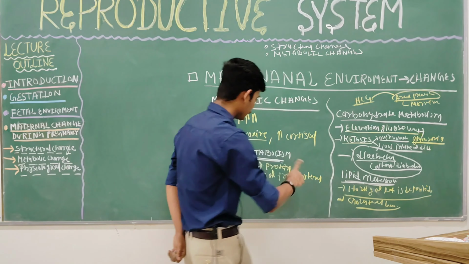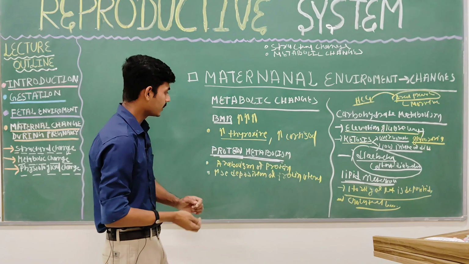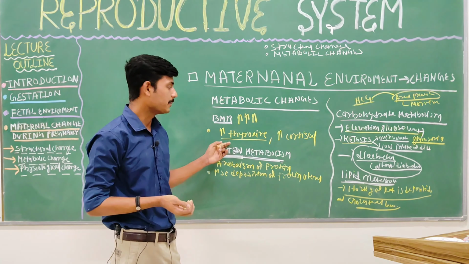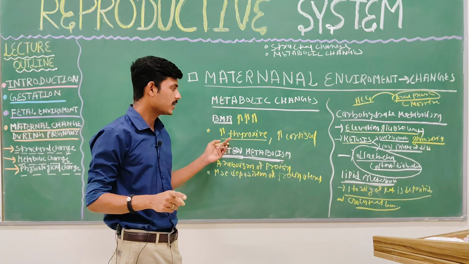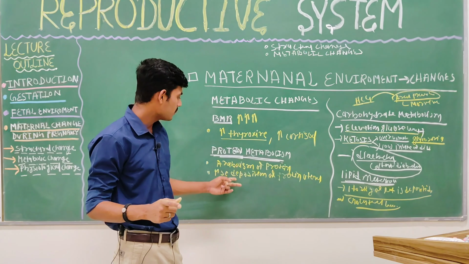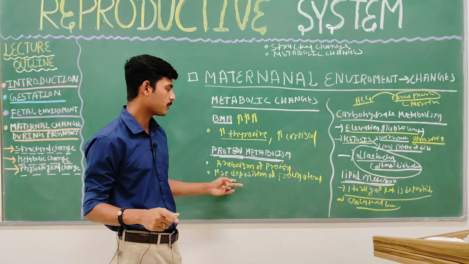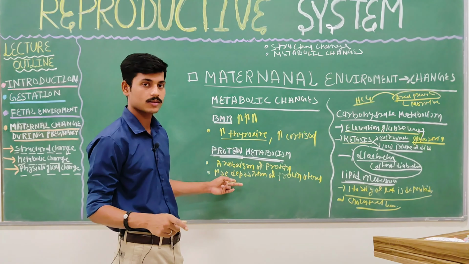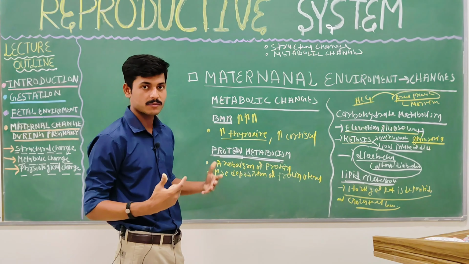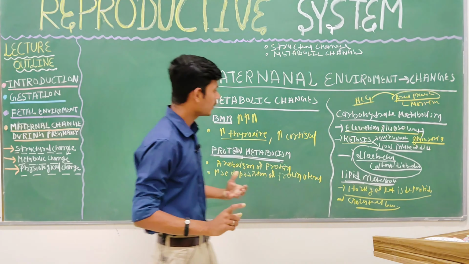So mark the metabolic increases first. The BMR increases due to the increase in thyroxine and cortisol. In protein metabolism, there is more deposition of protein in the uterus, because protein metabolism is in the anabolic phase, meaning synthetic phase, not the catabolic phase.